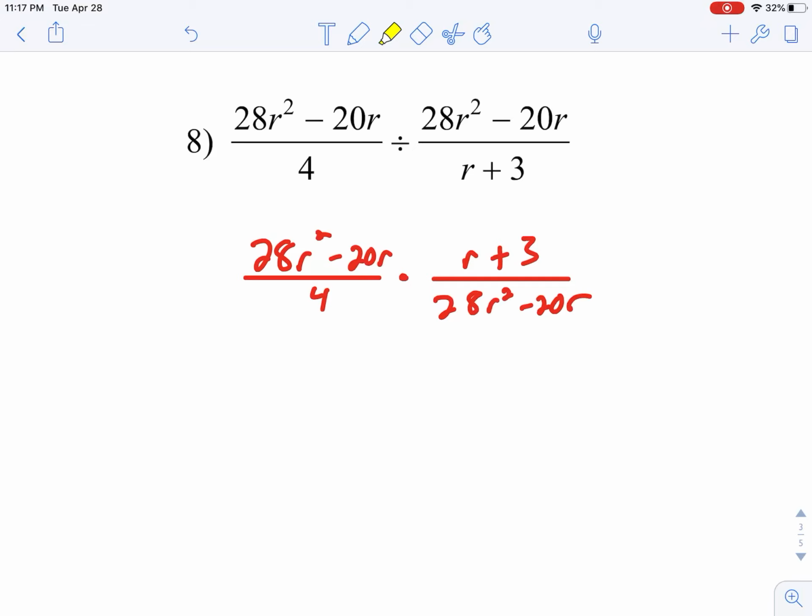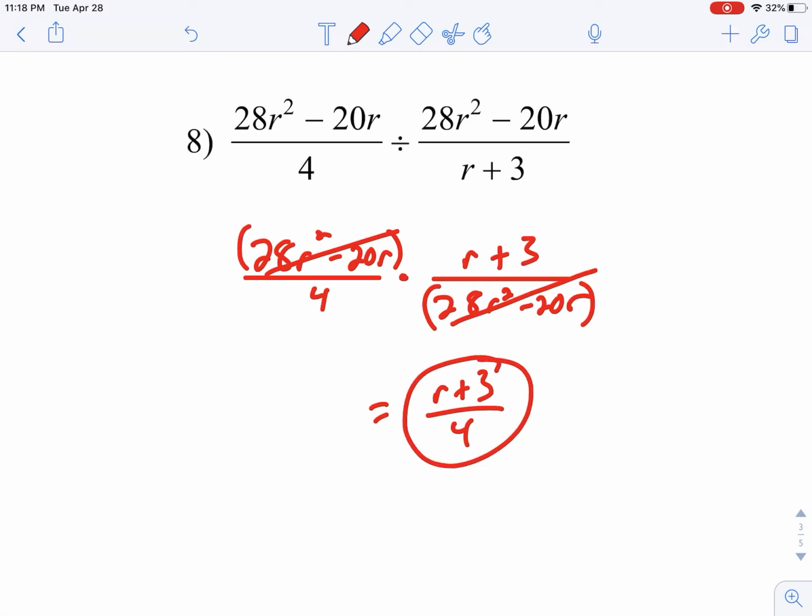But do you see how this and that are already exactly the same? 28r squared minus 20r. They're totally the same. So what you can do is treat them as though they are factors. They're just big factors. And cancel them out. And then you're going to be left with r plus 3 on top and 4 on bottom.